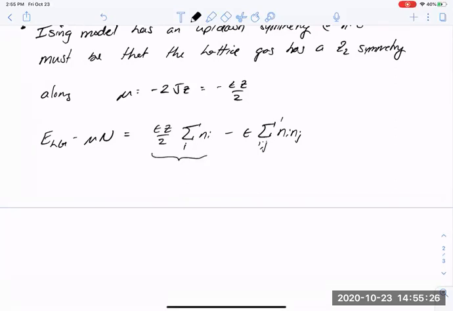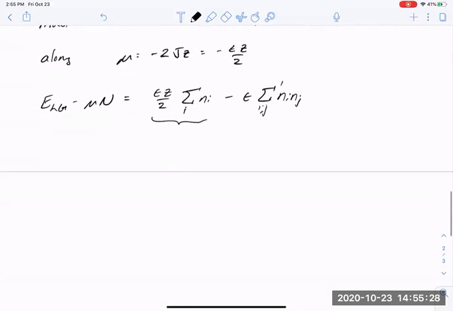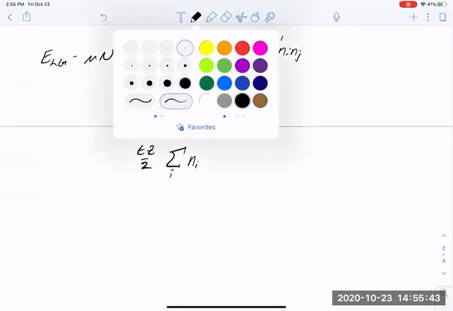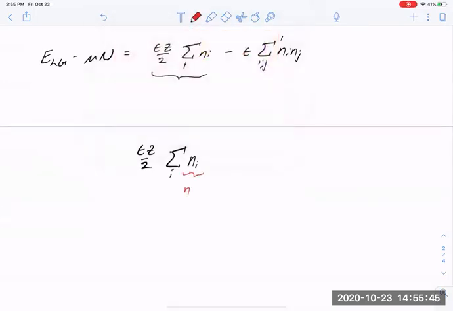This term has to be rewritten in order to make that symmetry apparent. So if we rewrite it, so it's epsilon z by 2 sum over i. Well, first, if we note that n_i is equal to n_i squared, since n_i is 0 or 1, if I square 0, I get 0. If I square 1, I get 1. So I can make that a square.